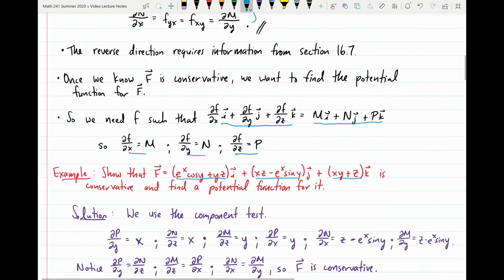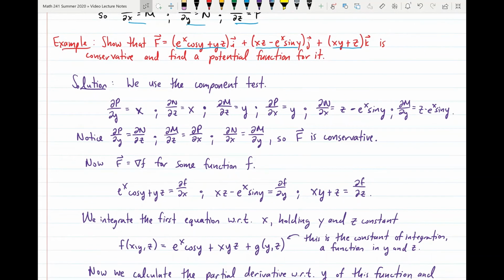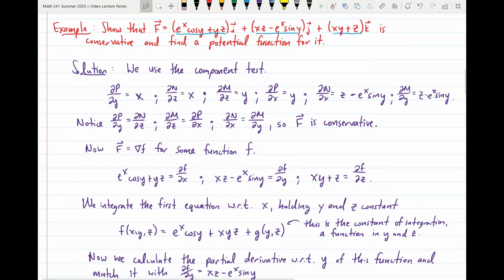Next, we have that the partial derivative of M with respect to z is equal to y, and the partial derivative of P with respect to x is equal to y, so they're equal to one another. And then finally, we have that partial N with respect to x is equal to partial M with respect to y. And you can check for yourself that these are the three equations we need to verify from the component test to conclude that f is a conservative vector field. And so it is in fact the case that f is conservative here.